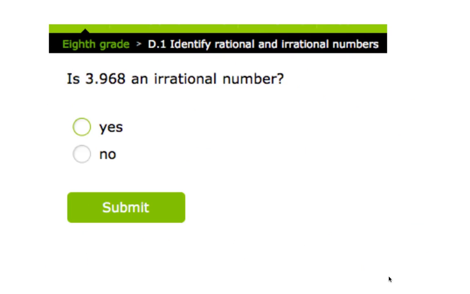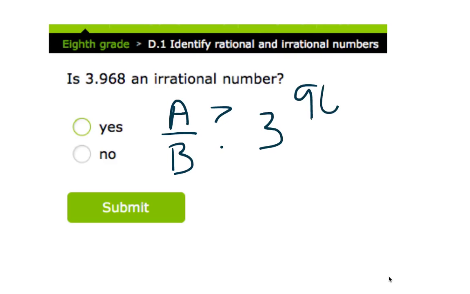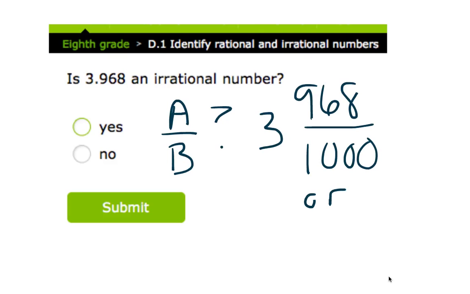How about 3 and 968 thousandths? Yep, we can write that as 3 and 968 over 1,000. That's the same as 3,968 over 1,000. And so this is a rational number.